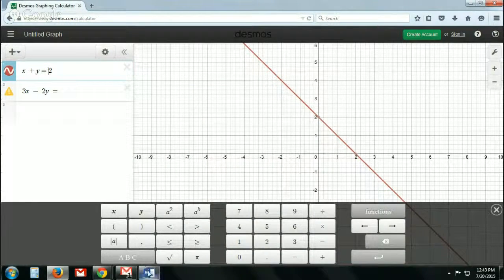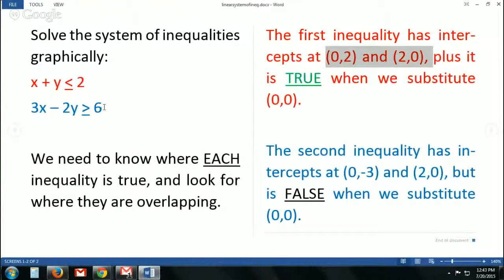Now, let's go back and look at the second inequality. If we put 0 in for x and we pretend that this says equals, we would get a y-intercept 0, negative 3. If we put 0 in for y and pretend that it says equals, we would have an x-intercept of 2, 0.